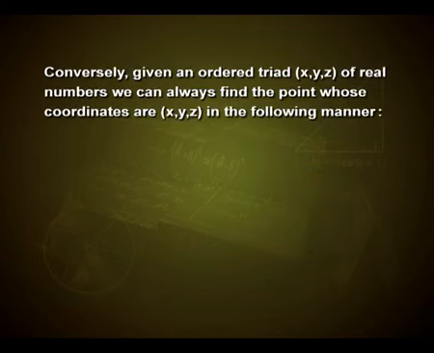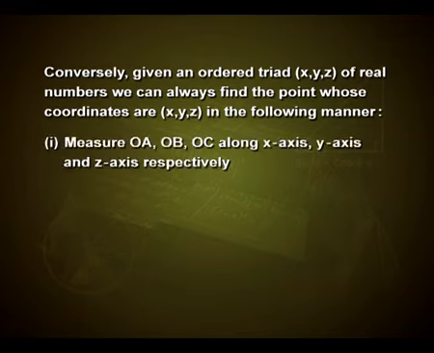Conversely, given an ordered triad x, y, z of real numbers, we can always find the point whose coordinates are x, y, z in the following manner. First, measure OA, OB and OC along the x-axis, y-axis and z-axis respectively.